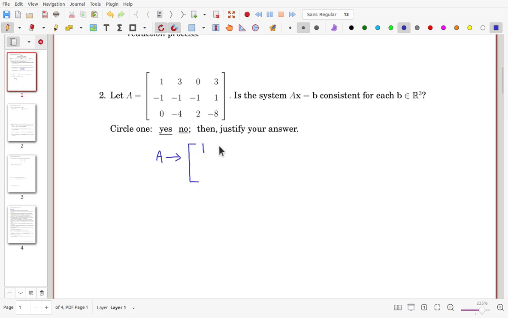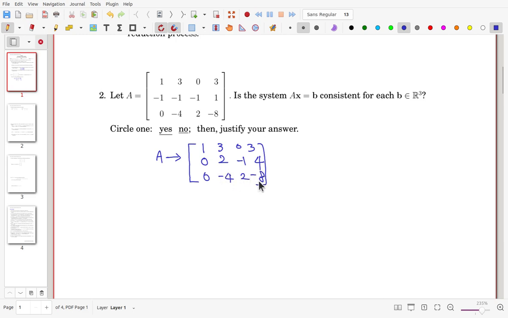Now the first row is not changing. By adding the first row to the second one, we have here 0 and 2, -1 and 4. And the last one is just 0, -4, 2, -8.